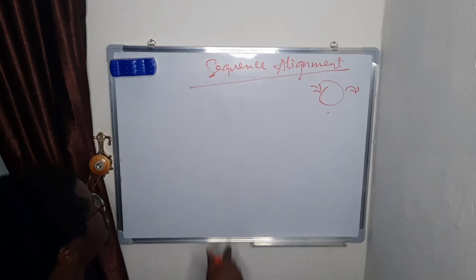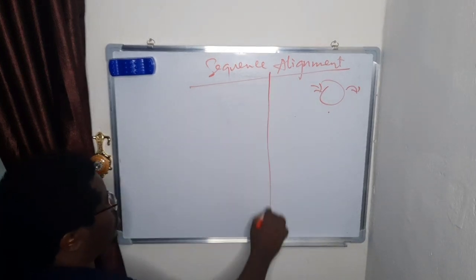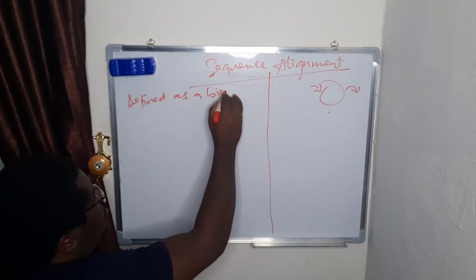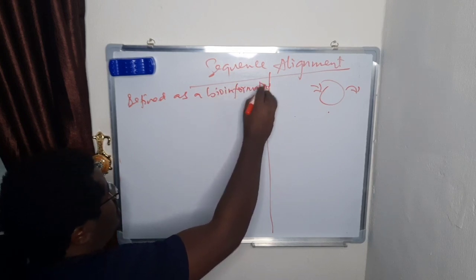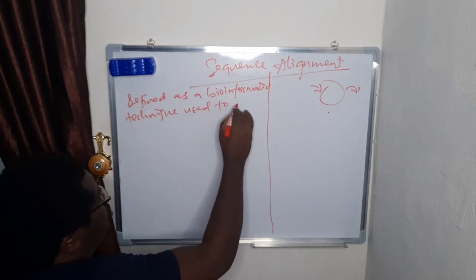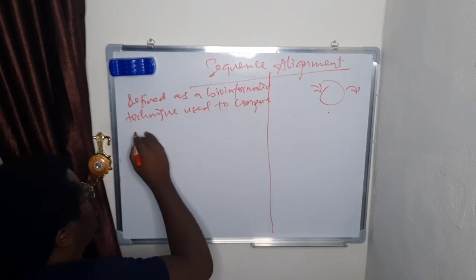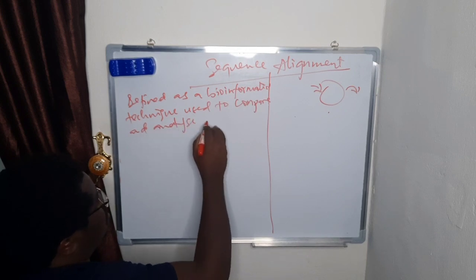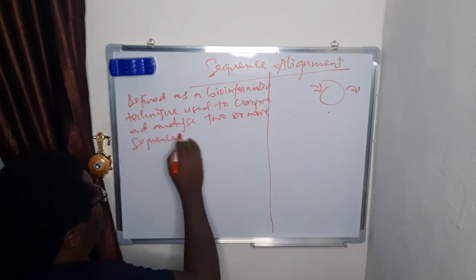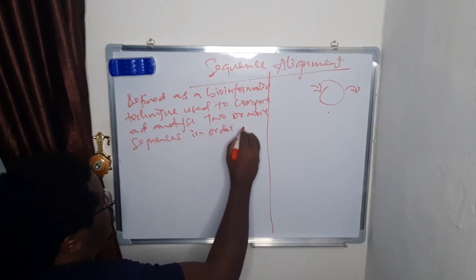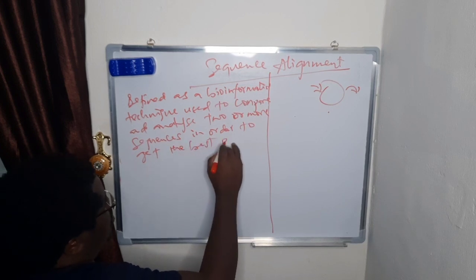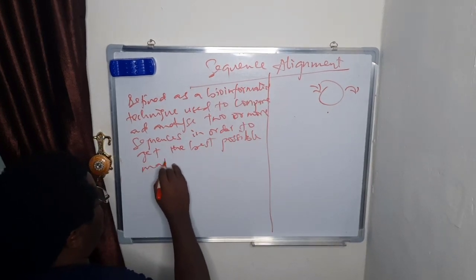So under alignment, sequence alignment is simply defined as a bioinformatics technique used to compare and analyze two or more sequences in order to get the best possible match.